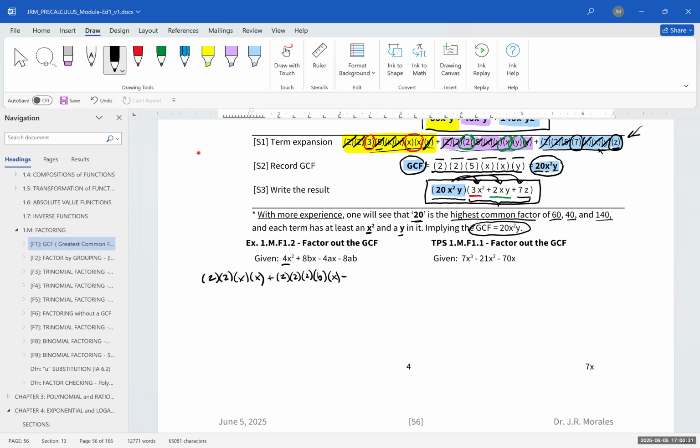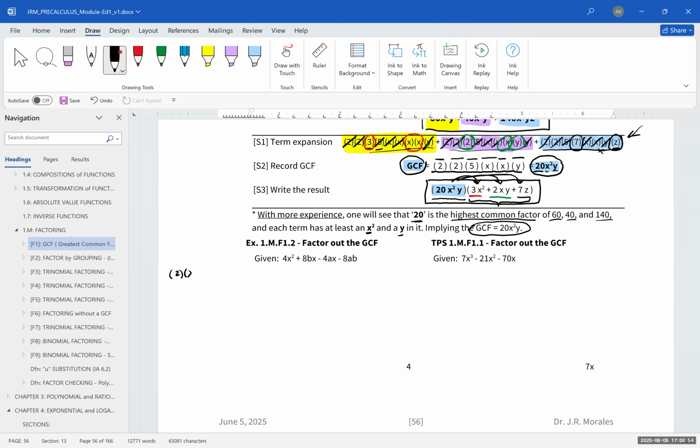Then we've got a minus 4ax, which we can write as 2 times 2 times a times x. I'm running out of space, so let me redo this and use more of the space that I've got.